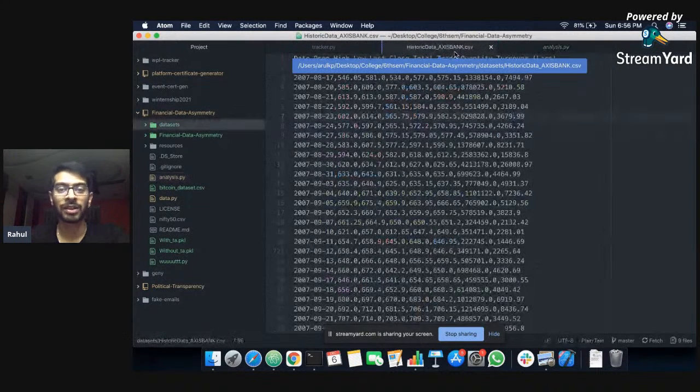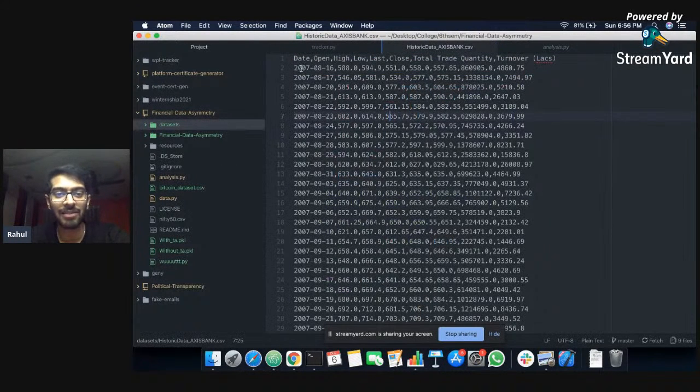So here, if you notice, we have daily data, right? But in a particular row we don't have any context. We don't have context about what the previous day's closing price was, or what the closing price of that particular stock was 2 days before. But we do have all that information within this column.